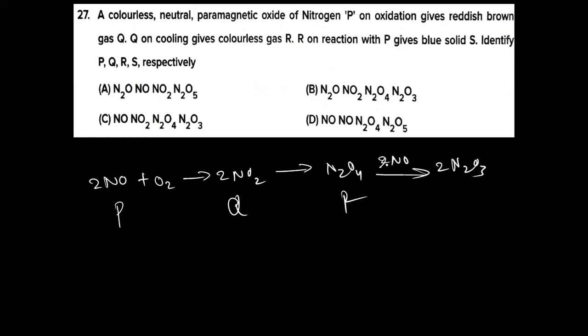So here we take 2NO, which gives 2N2O3, which is S. So PQRS is NO, then NO2, then N2O4 and N2O3. NO, NO2, N2O4 and N2O3. It's option C, not B, option C.